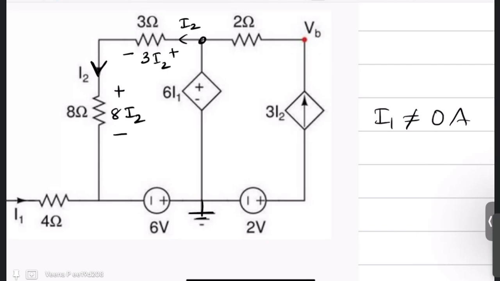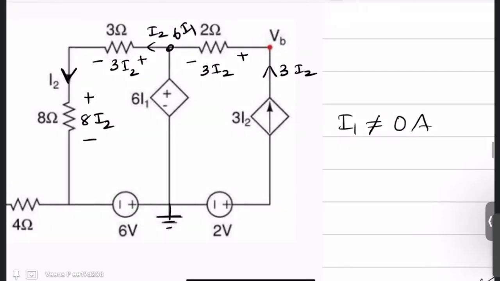Because this is ground, I can directly write this node potential as 6 I1. Now 3 I2 is going through this circuit, so this is plus minus 3 I2. So everything is done, right? Now you can apply KVL or KCL.